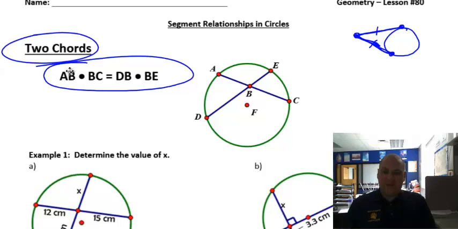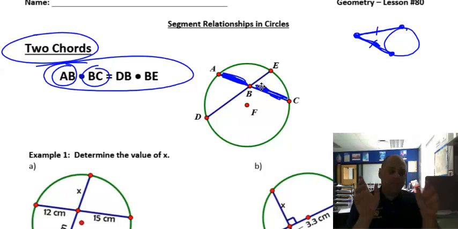So this says AB. AB is this right here. AB times BC. Now BC is this piece here. So you basically multiply those two pieces, which are the two pieces that make up the one chord.